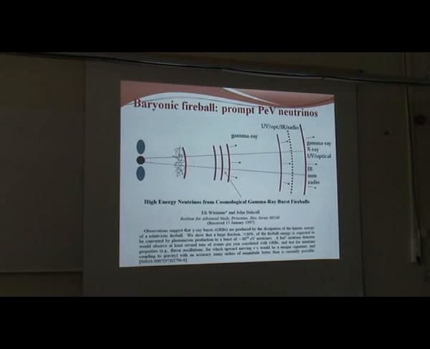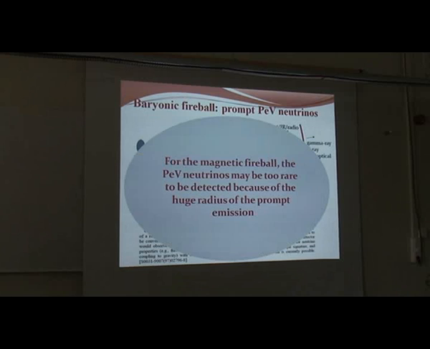In the standard internal shock model, this size is on the order of 10^14 centimeters. Single burst detection may be possible, but for the magnetic fireball model, the PeV neutrinos may be too rare to be detected because of the huge radius of the prompt emission, as I have mentioned in Newton and Planck 4. This radius is on the order of 10^16 centimeters.